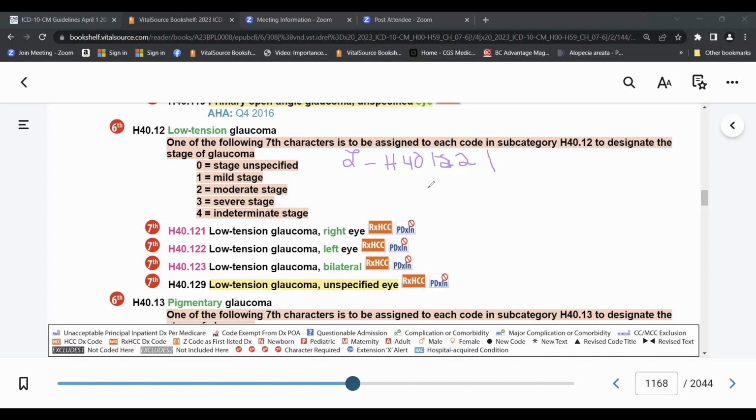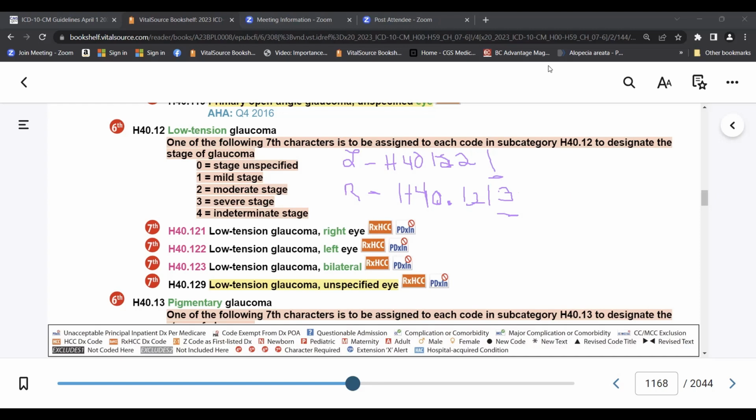So we have H40.1221. But for that right eye, it's different. Let's say the right eye is severe. So that would be H40.1213. Because your left eye was mild, your right eye is severe. Okay, so in this case, they are different stages for each eye, and you have to code it as such.